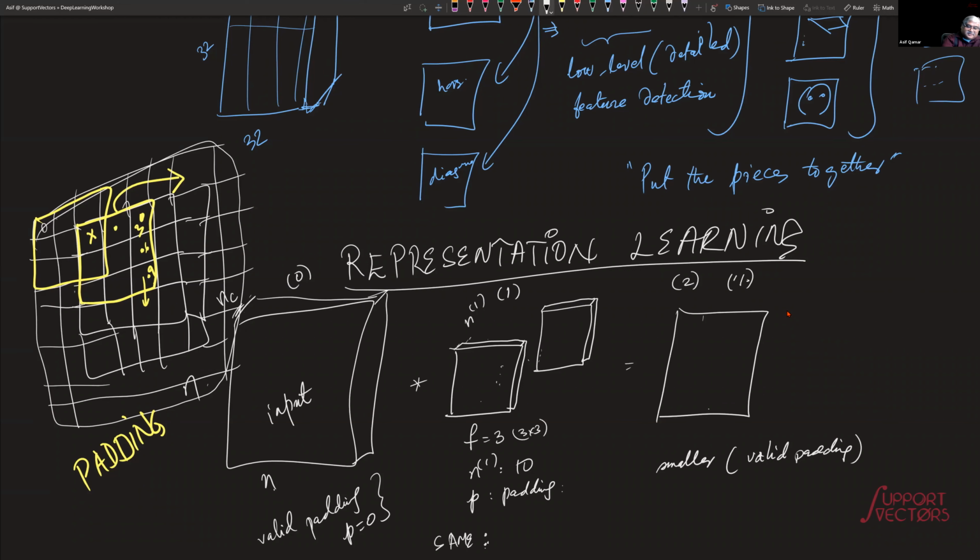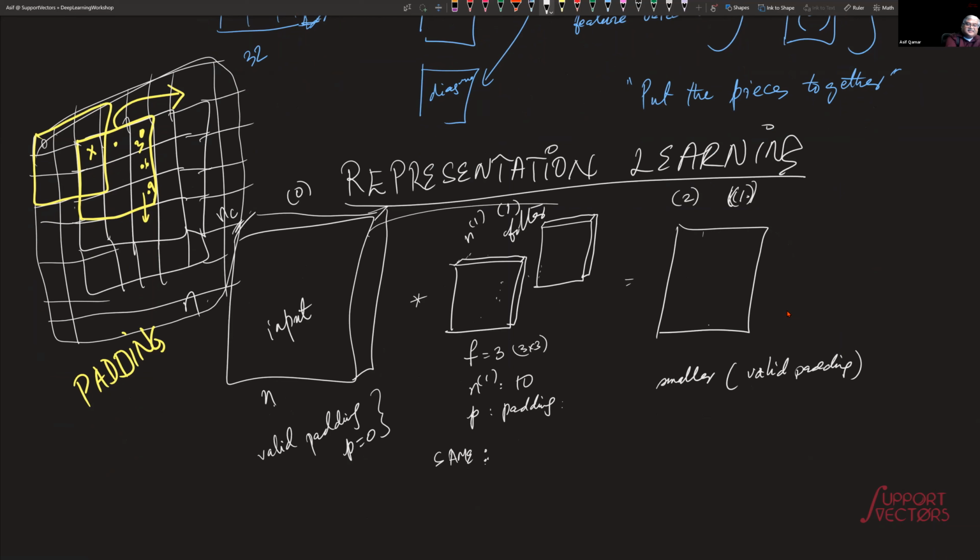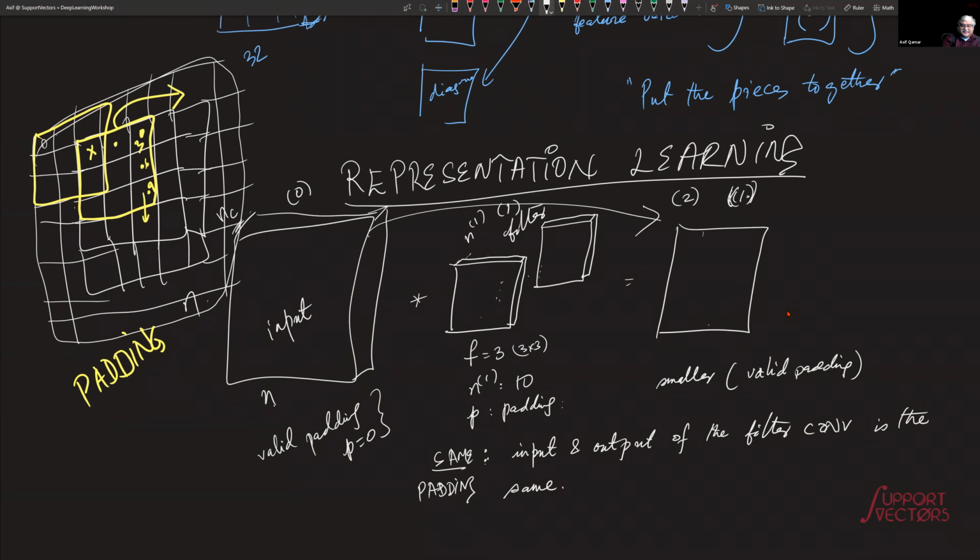The first layer size is exactly the same as the input size. The size is preserved, so input and output of the filter convolution are the same. That is why it is called same padding.